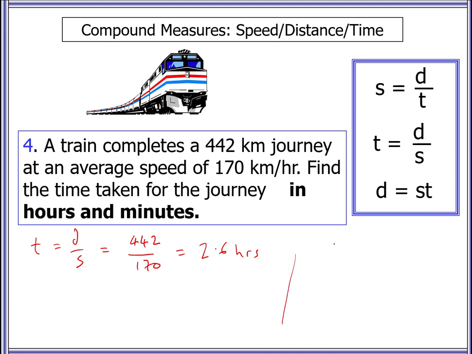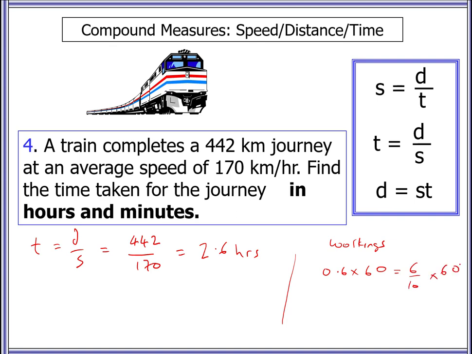And that's 0.6 of an hour. So if we do our workings here, we've got 0.6 of an hour, so 0.6 times 60. That'll give us how many minutes? I like working in fractions, so I'm going to change this to a fraction. 0.6 is 6 out of 10 times 60.